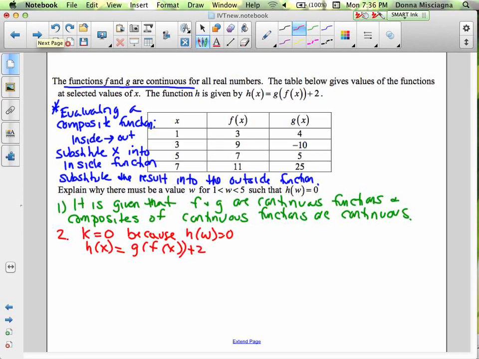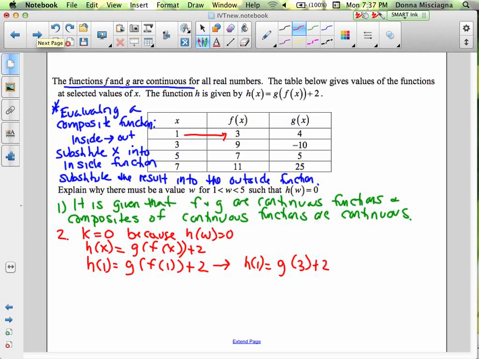So we need to find first h of 1, which is going to be g of f of 1 plus 2. I'm going to plug 1 into f. So f of 1 is 3. If I plug 1 into f of x, I get 3. So that's g of 3 plus 2.